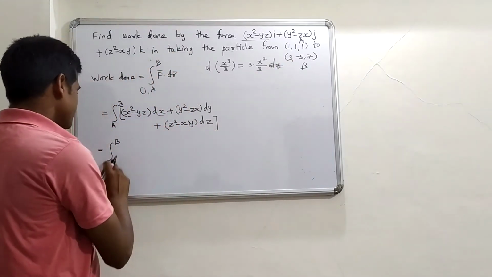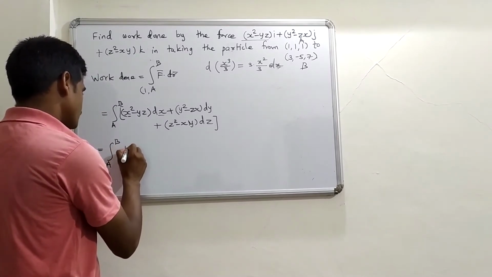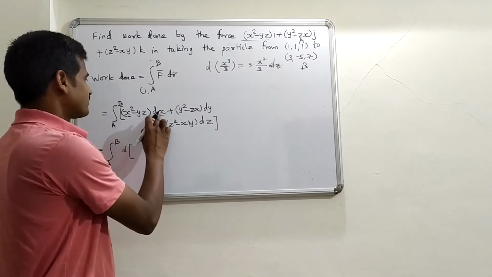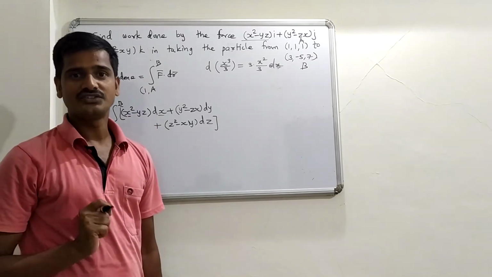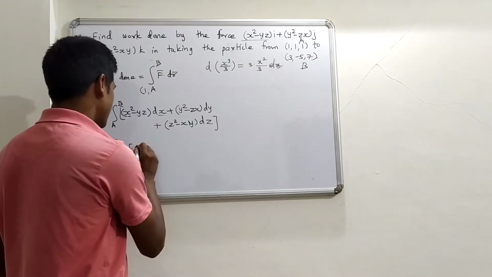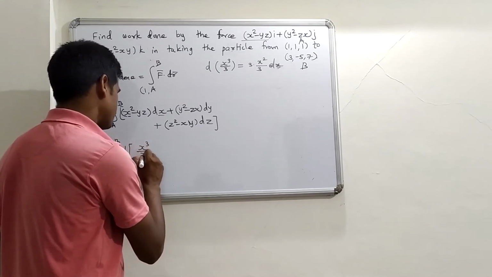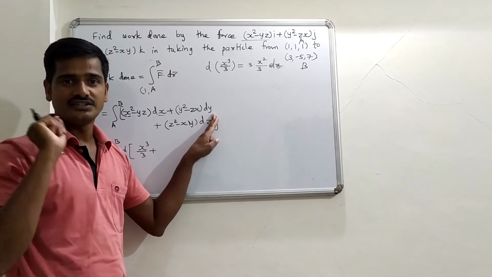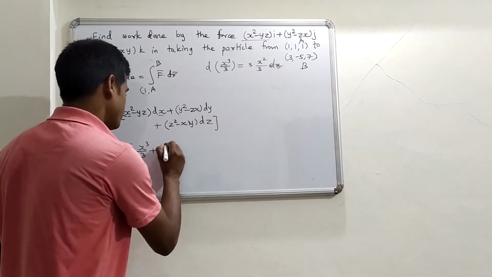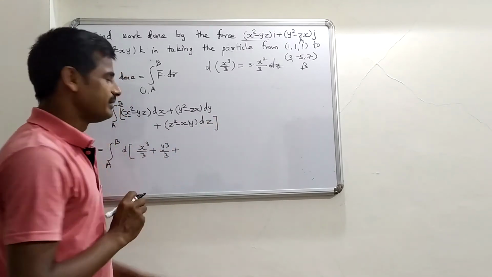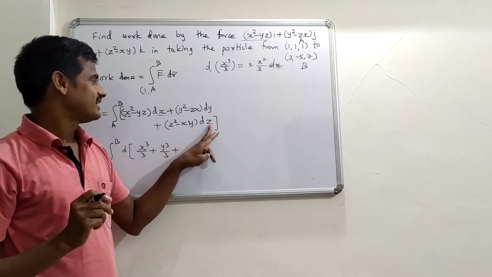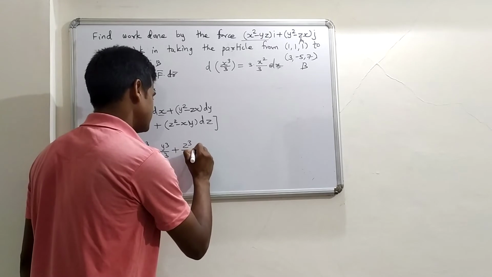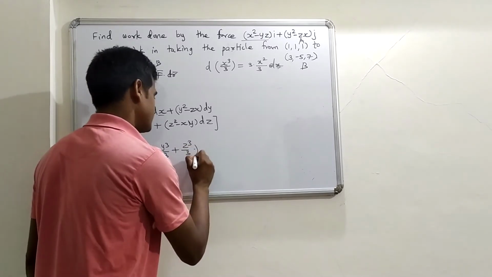Therefore the integral from A to B is equal to the total derivative of x³/3 for x² dx, plus y² dy, which is the total derivative of y³/3. Similarly z² dz is the derivative of z³/3. So this is one term.